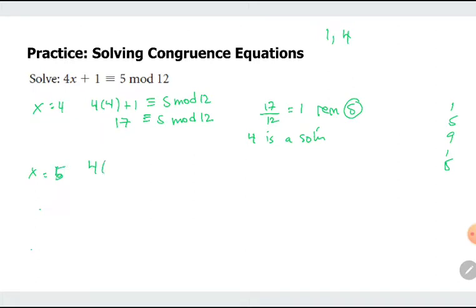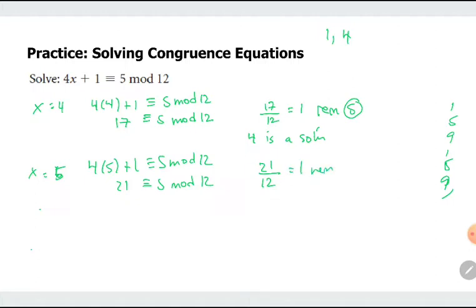X equals 5. 4 times 5 plus 1. 4 times 5 is 20 plus 1, 21. Let's check if it is a solution to the congruence. Basing on the pattern, maybe the remainder will be 9. So 21 divided by 12, a quotient of 1.